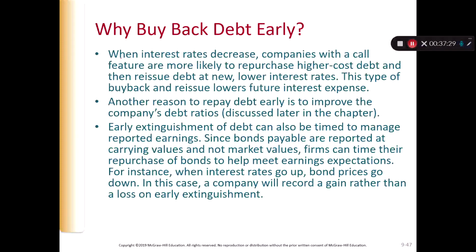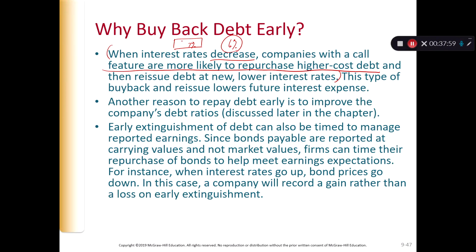Okay, then you might ask us why we buy back the debt early. There are three related issues. First of all, when interest rates decrease, companies with a call feature are more likely to repurchase higher cost debt and then reissue the debt anew at a lower interest rate, right? Because when you promise someone 7% and you find the market rate is only 6%, your borrowing cost is actually decreasing.